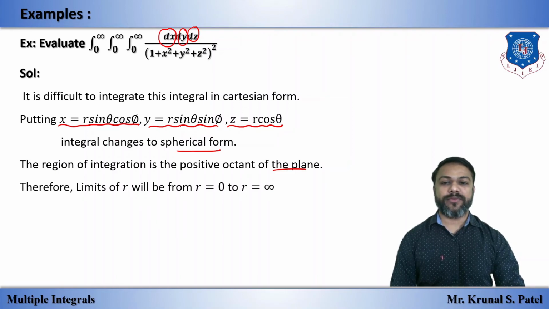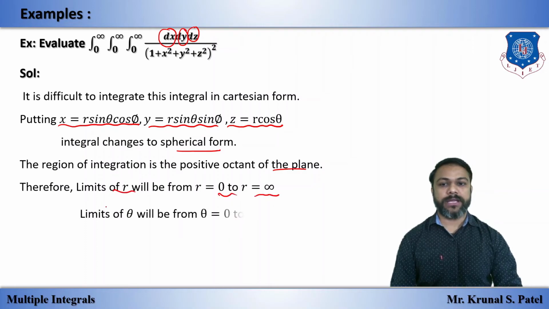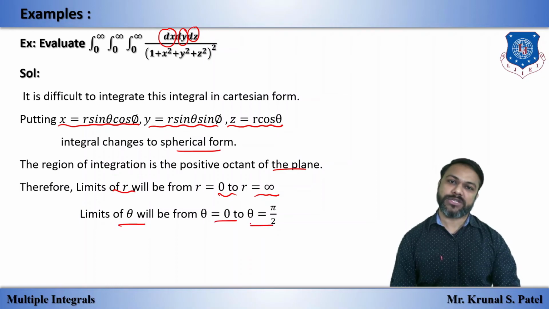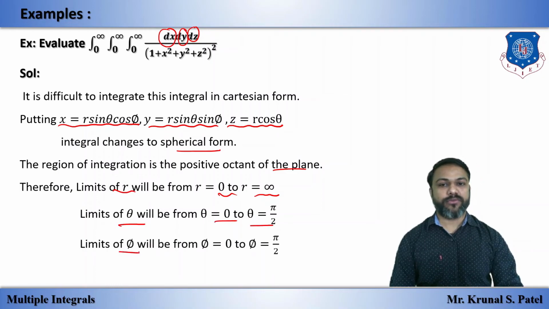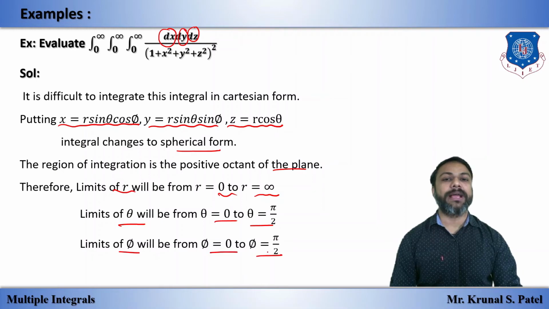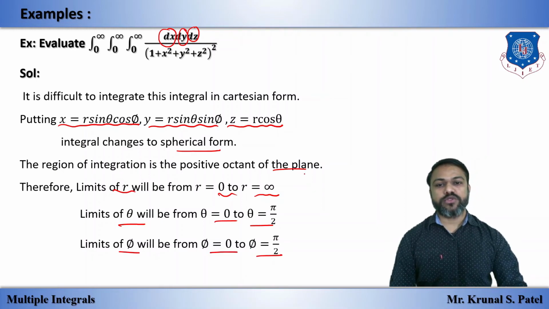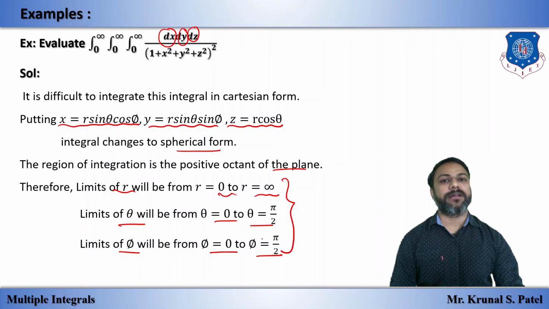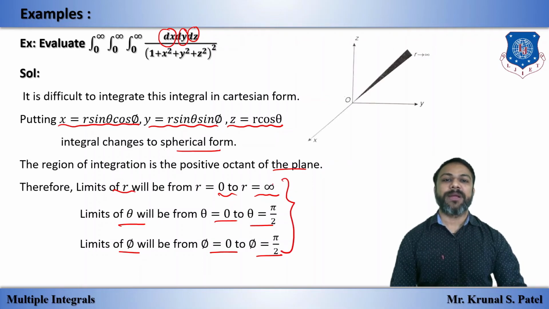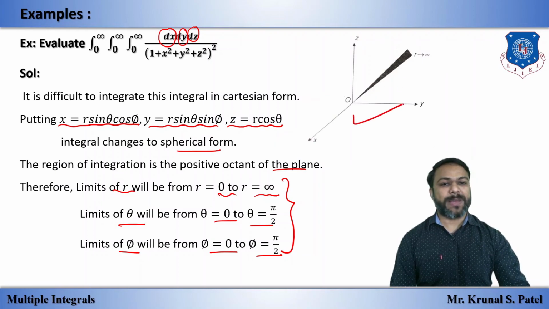So the limit of r becomes 0 to infinity, the limit of theta is 0 to pi by 2 because of the first octant, and the limit of phi is also 0 to pi by 2 because of the positive octant. So we have all these three limits, and this is the graph of the new spherical coordinate system.